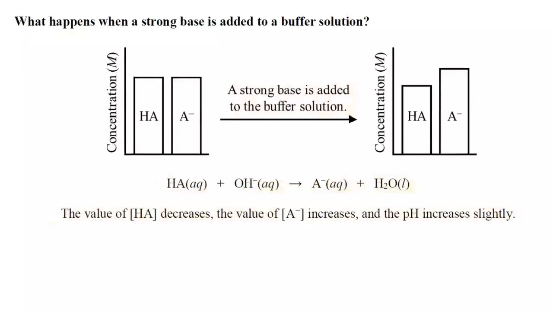What happens when a strong base is added to a buffer solution? After you add the strong base, the weak acid will react with the hydroxide ions from the strong base to produce the conjugate base and water. So the concentration of the weak acid will decrease, the concentration of the conjugate base increases, and the pH will increase, but only slightly.